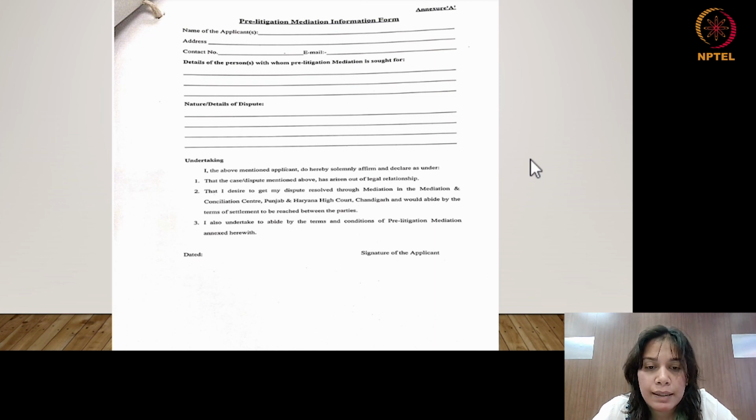I also undertake to abide by the terms and conditions of pre-litigation mediation annexed herewith. The terms and conditions I'll show you in the next slide. So this is the proforma of the pre-litigation form.